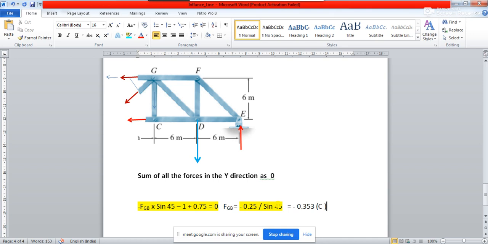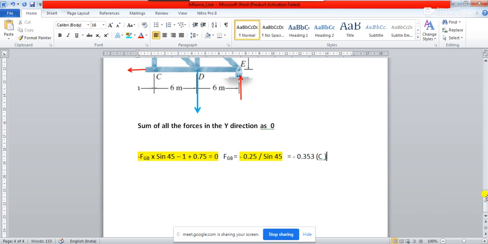Okay, so that is what we will have to do. You see what you have done: for the position of the unit load at the different joints of the truss, we have calculated the member force in this member GB, and we have got the values of the member forces.